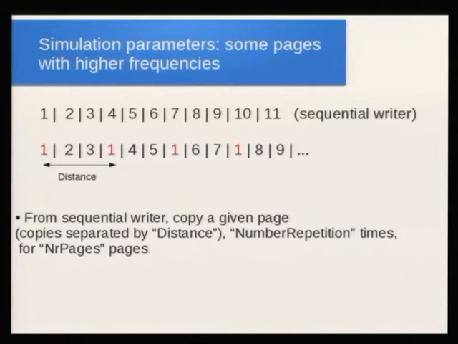So I take page 1, for example, and then I copy it a number of times, with a given distance. In this case, distance was 2, so I copy 1, and then 1 again, distance 2, and then 1 again, distance 2, and then 1 again, distance 2. Then I would vary the number of copies that I made and the distance.